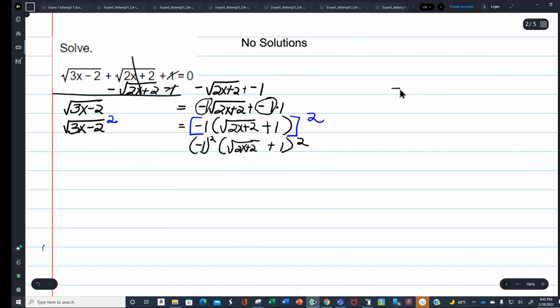We had negative the square root of 2x plus 2 minus 1, and just squaring that could cause some problems. This way, I went to an extra step, but I got rid of a possible problem.